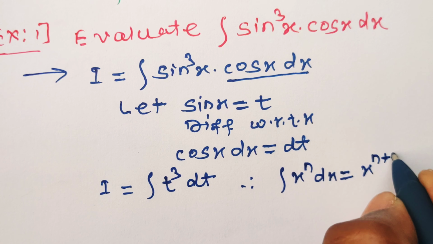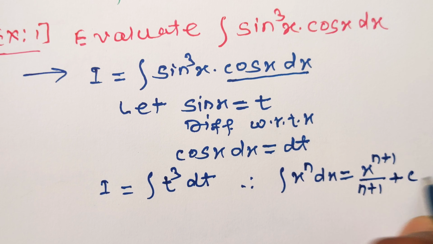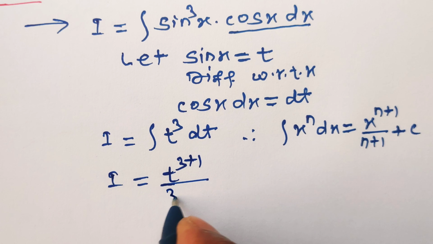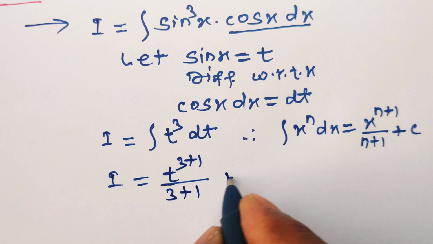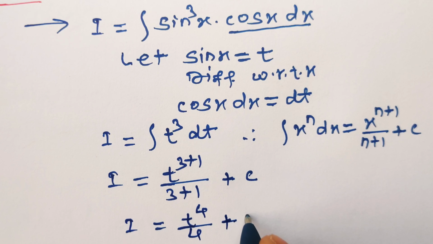And you know the formula, integral of x to the power n dx is equal to x to the power n plus 1 divided by n plus 1 plus integral constant c. Applying this formula here, I is equal to, n is 3, so t to the power 3 plus 1 divided by 3 plus 1 plus integral constant c. I is equal to t to the power 4 divided by 4 plus c, but this answer is in new variable.